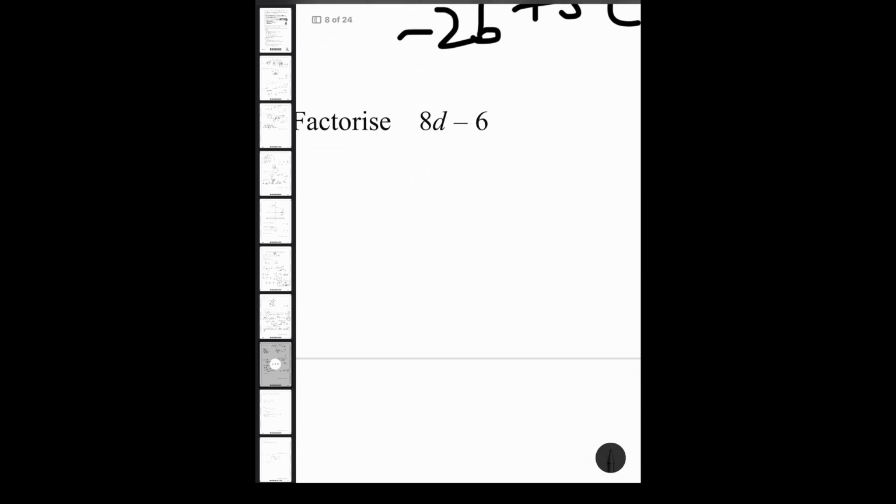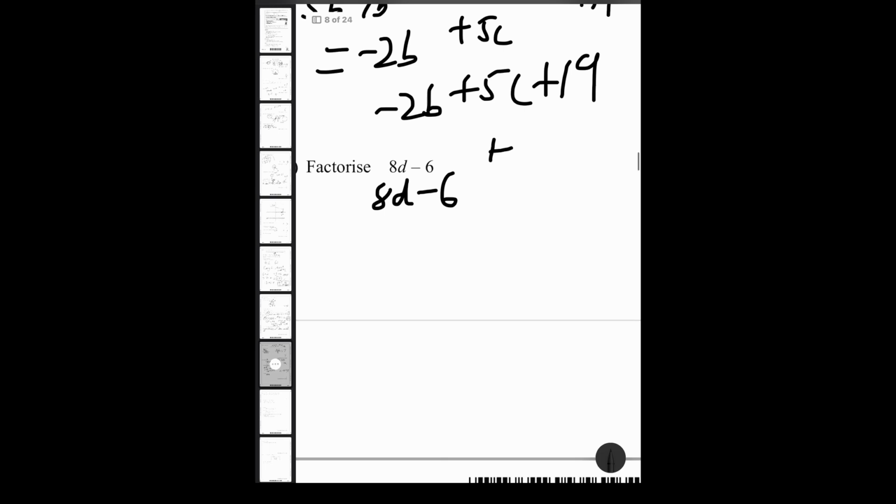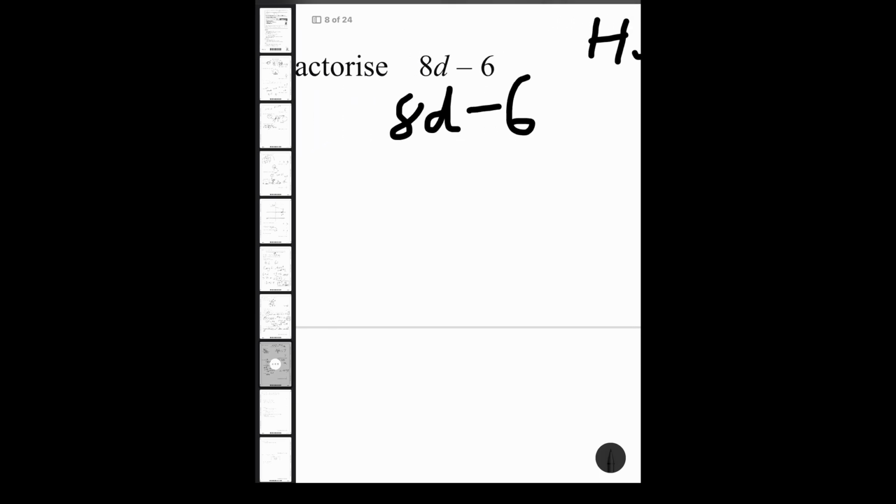Wonderful. Factorize 8d minus 6. What does factorize mean? Factorize means, especially when it says factorize fully, you take away the highest common factor out of a number. Or essentially, you take away what goes into this number. So what are these? These are even numbers.